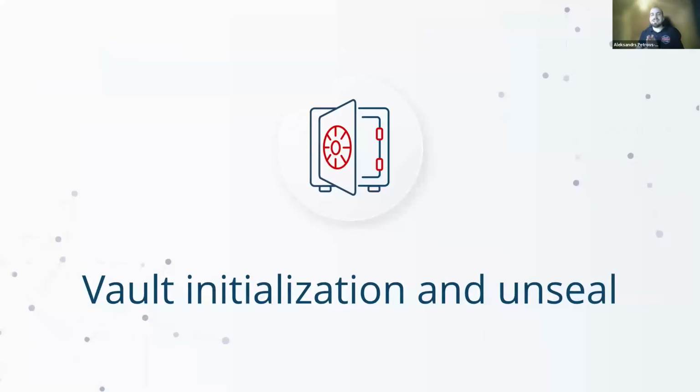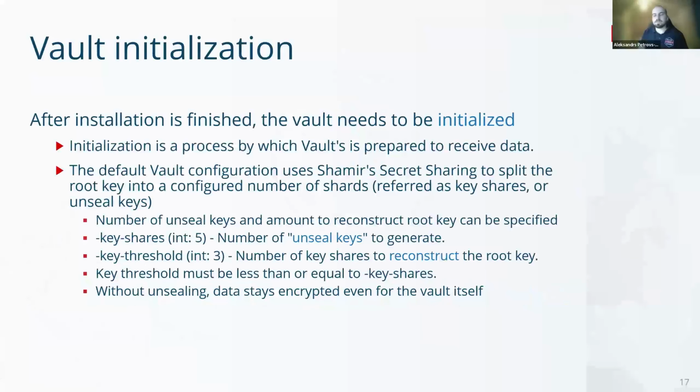So how do we now initialize Vault and unseal it after we have finished the installation and configuration? Well, it's actually a relatively simple process. But initialization is very important because this is basically the way to prepare Vault to receive the data.